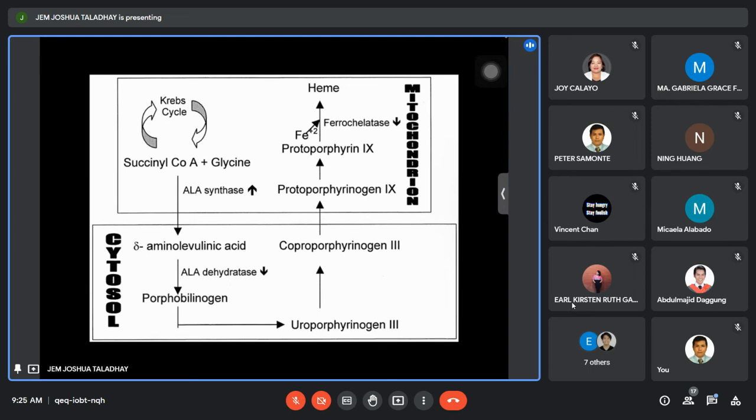So after the addition of iron, the heme will be formed. Yes po.